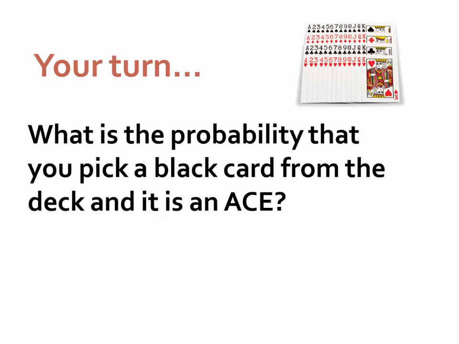Okay, remember that your second probability, that it's an ace, is dependent on the first thing, that it's black. All right. You should be solving this on your own. I will explain it if people don't get it.